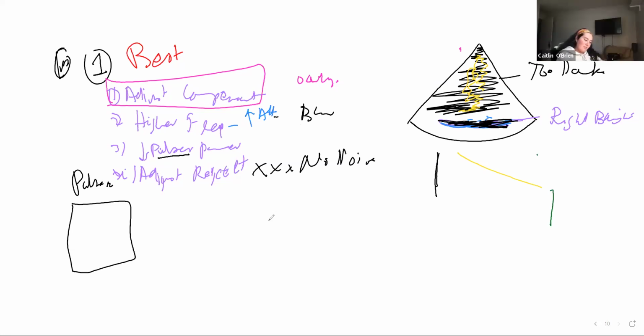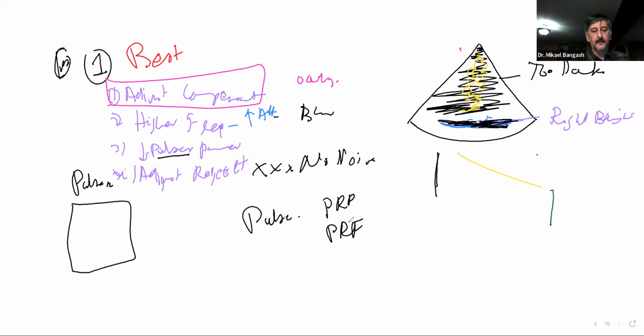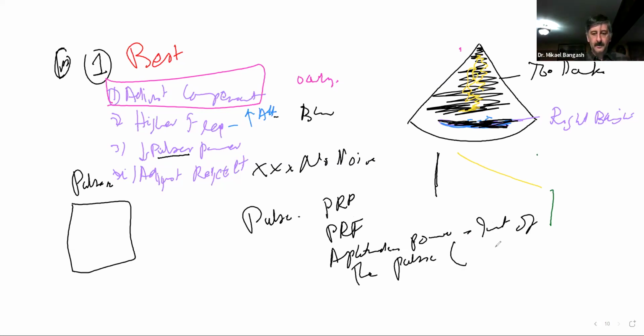Oh, I don't know. It determines the time between each voltage spike. It determines your PRP. It determines your PRF. And it determines the amplitude, which will be the power, the intensity of the pulse that is being transmitted.